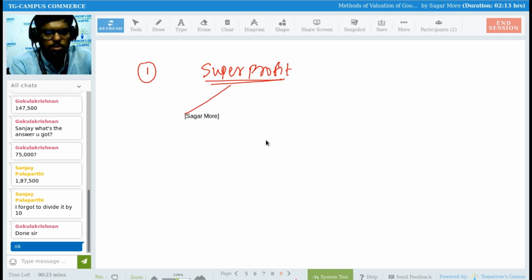Then there are methods. First method is goodwill by purchase of super profit.